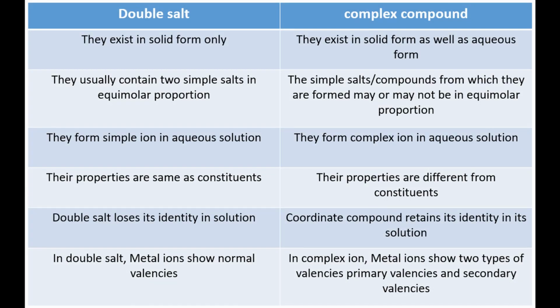Then we can easily differentiate these two compounds, double salt and complex compound. Double salts exist only in the solid state, whereas complex compounds exist in the solid state as well as in the aqueous medium. Double salt generally contains an equimolar proportion of two stable salts, whereas the complex compound contains two or more stable compounds or salts, and these may or may not be in equimolar proportion.